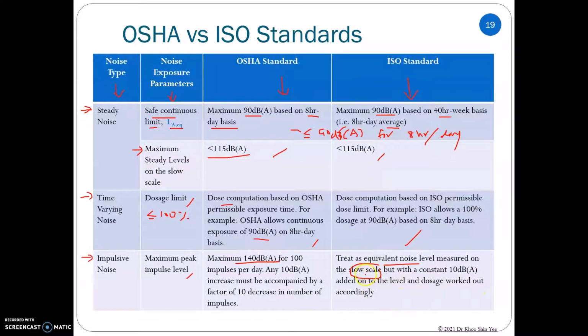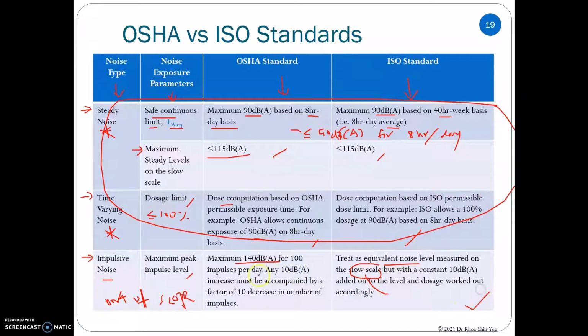You will learn more about the slow scale in the measurement chapter. In this study, we will focus on investigating the steady and also the fluctuating noise by using the LAEQ and also the dosage limit. Therefore, this is for your extra information.